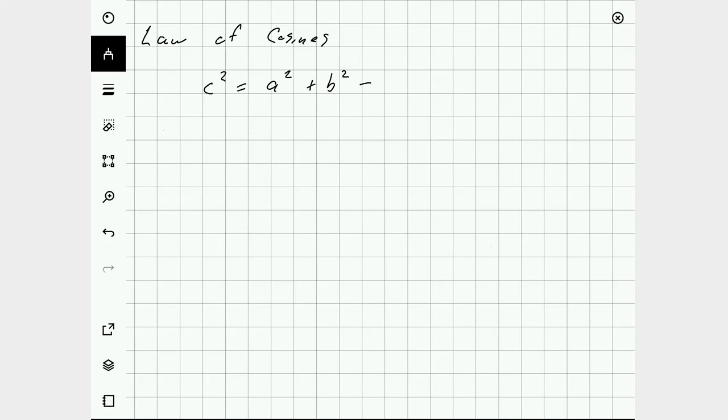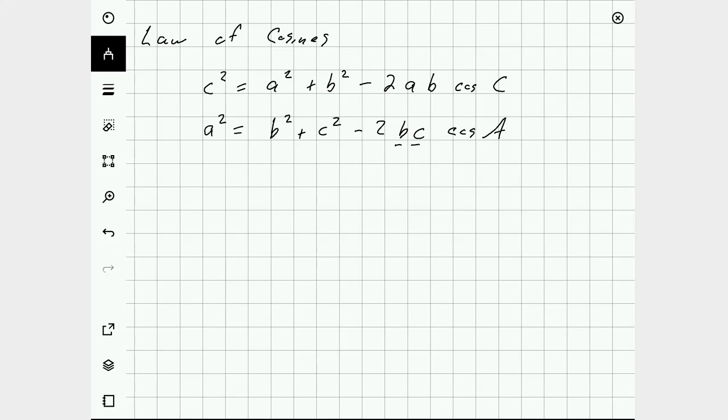And then we introduce this one more term, minus 2AB cosine C. And we can use this and switch around to any angle that we want to know. A squared is B squared plus C squared minus 2BC cosine of A.